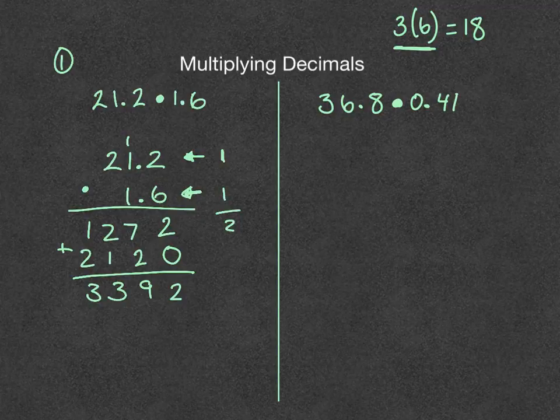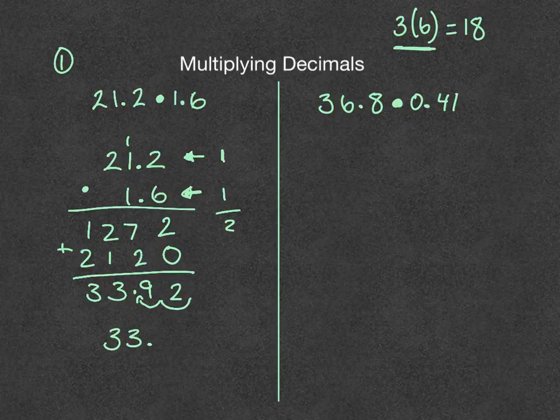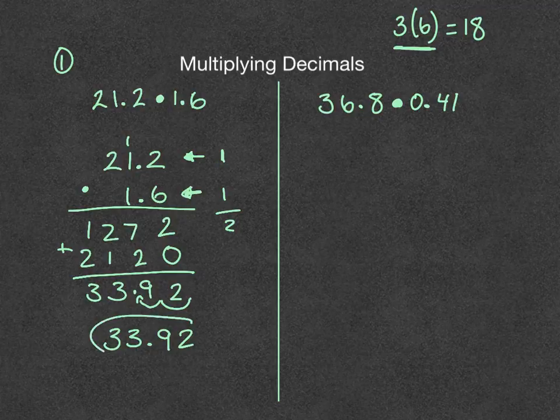So we're going to start from the very back of our number, and move 2 places to the left, and that's where we put our decimal. 33 and 92 hundredths.